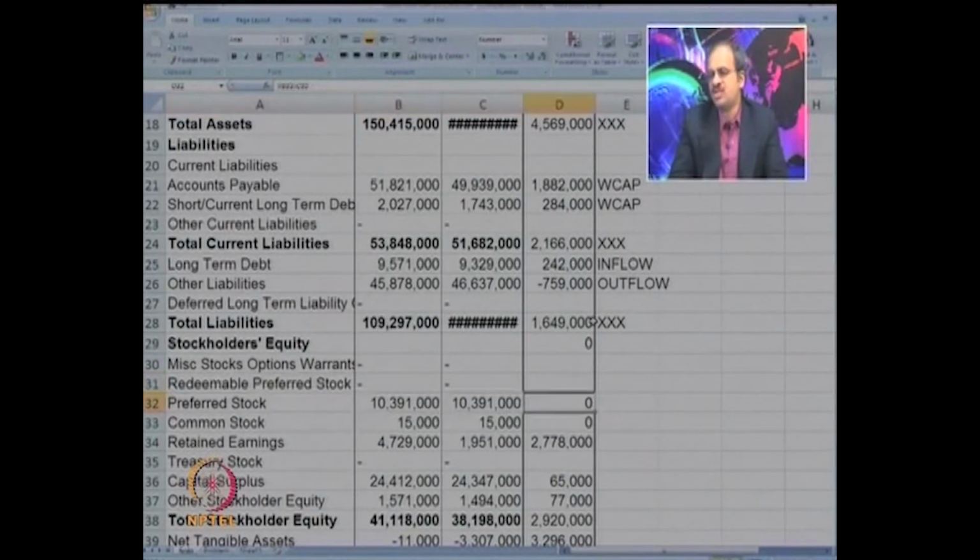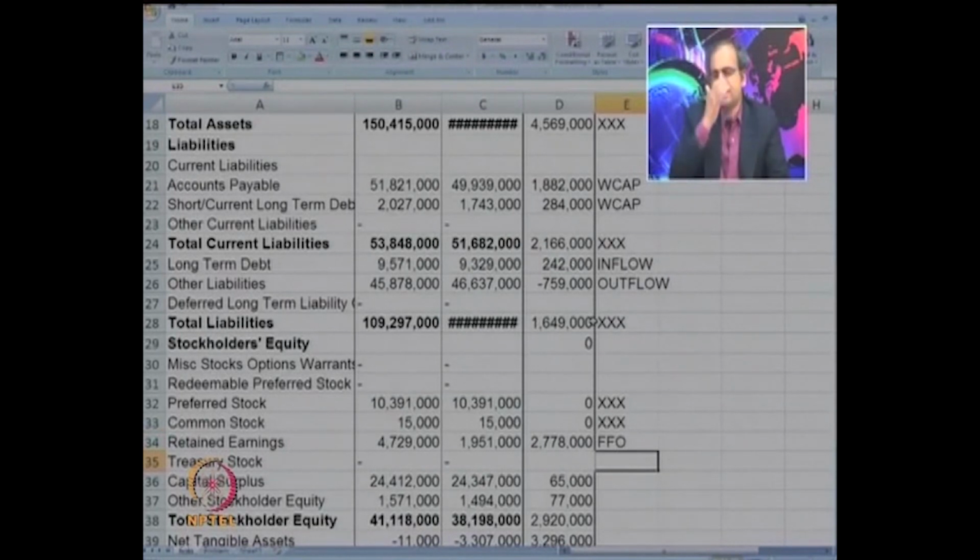First item, preferred stock or preference shares, there is no change. Common stock or equity shares, again there is no change. Retained earnings, you can see there is a significant increase in the retained earnings. It represents inflow or outflow? Actually none of them. It represents the profit earned and accumulated. So we are going to mark it as FFO.